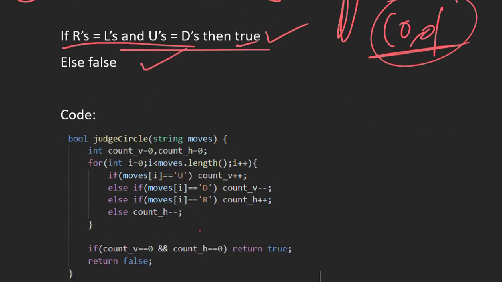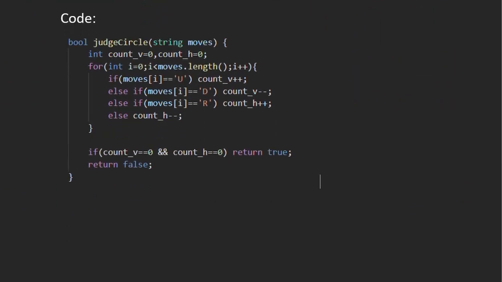So let's see the code part. In the code, we make two variables: count v is counting the displacement in the vertical direction, and count h is counting the displacement in the horizontal direction. Then if moves of i is equal to up, we increase the displacement by 1, else if you are moving down, we decrease the displacement by 1.